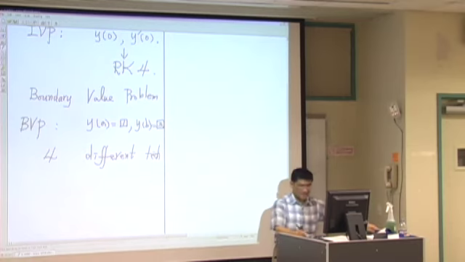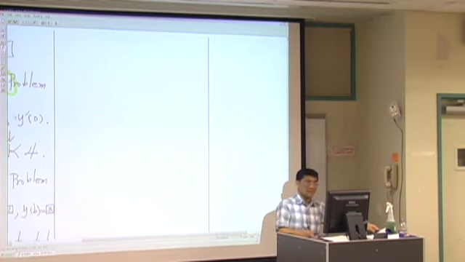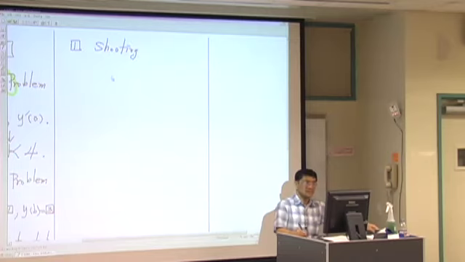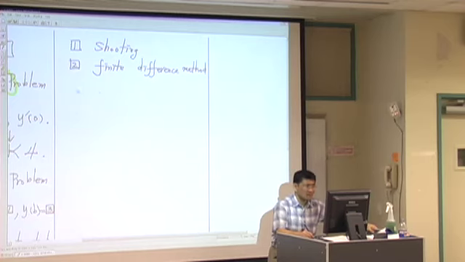So I write down the cases. First case is the shooting method. Second case is the finite difference method. So these were covered in numerical analysis, but we are interested in 3 and 4.